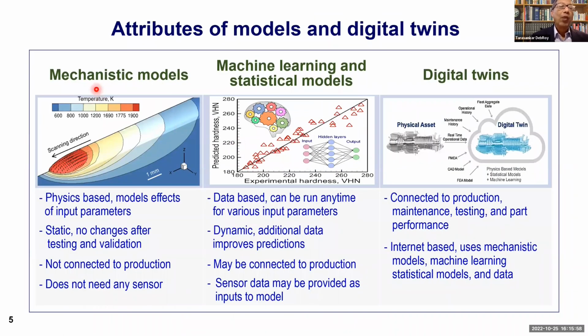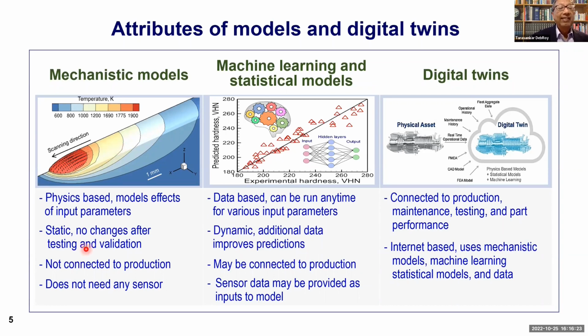So what is a mechanistic model? By mechanistic model, I mean physics-based models that can tell us the effects of variables that are called input variables and effects of properties of the material that we are depositing. So thermophysical properties, for example.